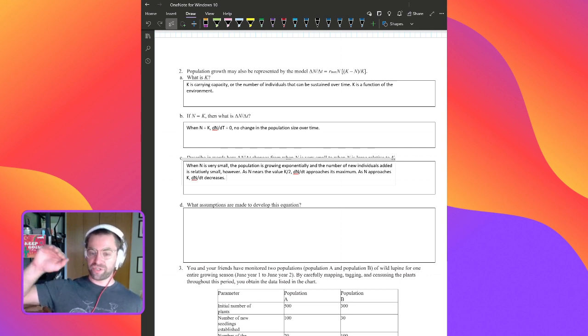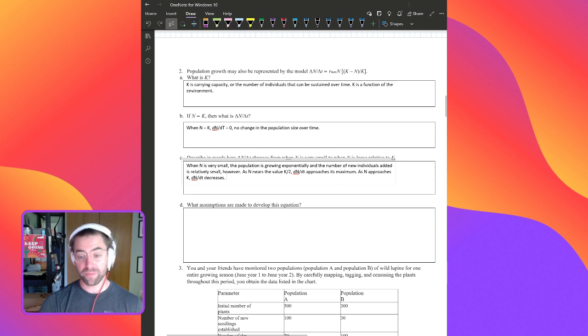And then as n approaches k, the carrying capacity, it is going to level off again, and that delta N over delta t decreases again, approaching 0.